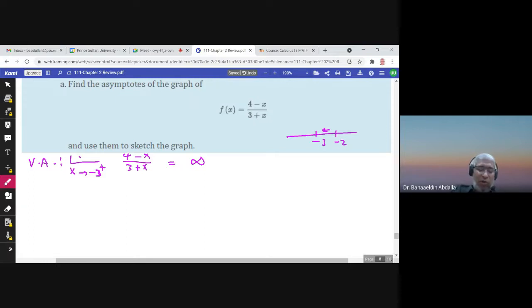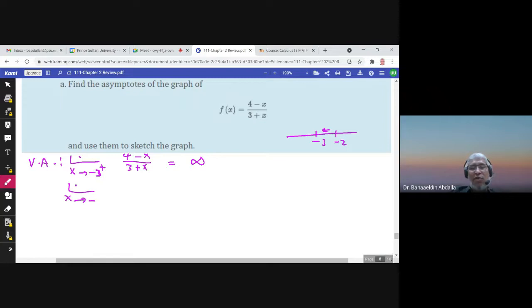So 4 minus negative 2.9 would be a positive number over 3 minus 2.9 would be a positive number. So if you replace x by negative 2.9, this would be positive and this would be positive, so I'll have infinity.